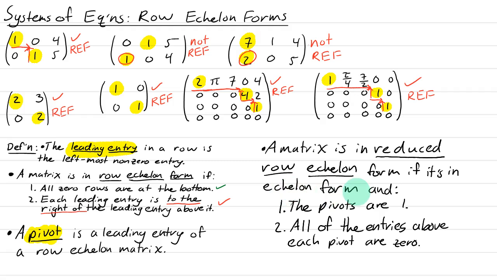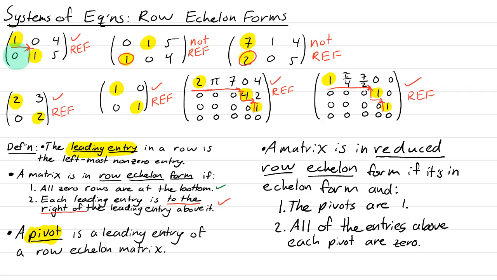First of all, it has to be in echelon form in the first place. Reduced row echelon form doesn't make sense if it's not already in row echelon form. So with this first one, yes, each of the pivots is 1, and each of the entries above each pivot is 0. The entries below each pivot are already going to be 0 just because it's in row echelon form.